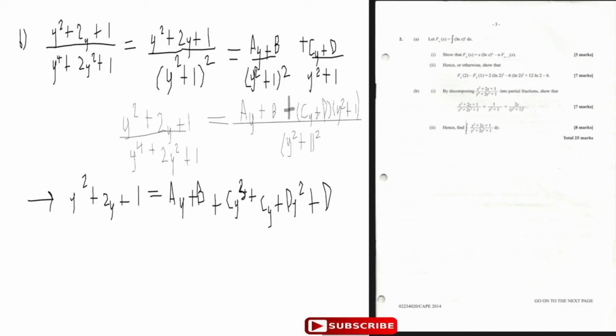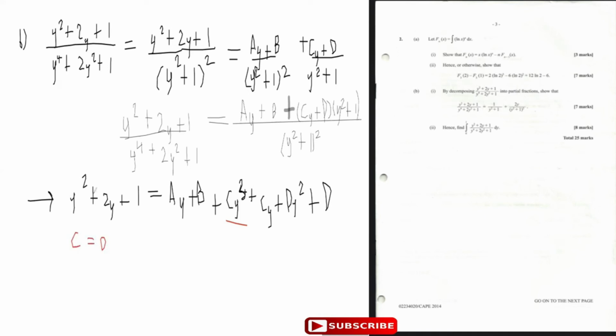Cy times 1 is cy, d times y squared is dy squared, d times 1 is d. Nice and easy. Now what we can do is equate coefficients. Notice right here that we have a cy cubed, and there's no y cubed term over here, and so c must equal 0.